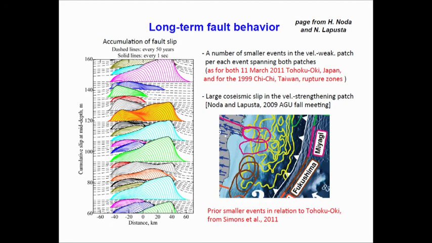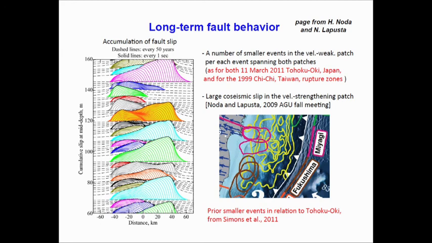It can be argued the same thing happened in the great Japanese earthquake of March 2011. Previous earthquakes in Japan scattered along the zones indicated by the contours here, but the big earthquake ruptured the stuff up here, which had been thought to be stuff that would never participate in a major earthquake. Once again, what we think this is due to is just differences in properties.